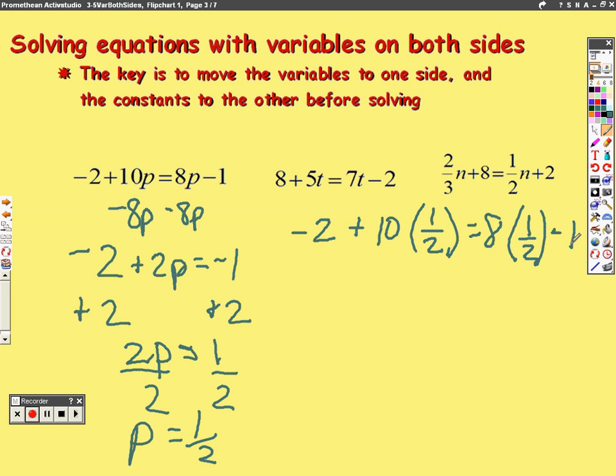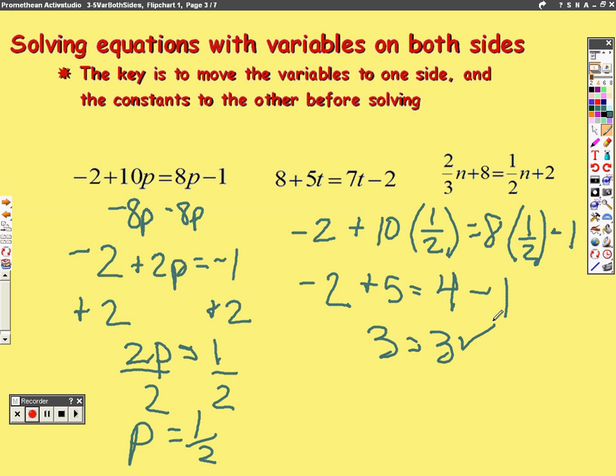So then I'm just going to work through it. I have negative 2. What's 10 times 1/2? Okay, plus 5. And 8 times 1/2 is 4 minus 1. Negative 2 plus 5? 3. And 4 minus 1? 3. So since I got a true statement here, my solution is correct.